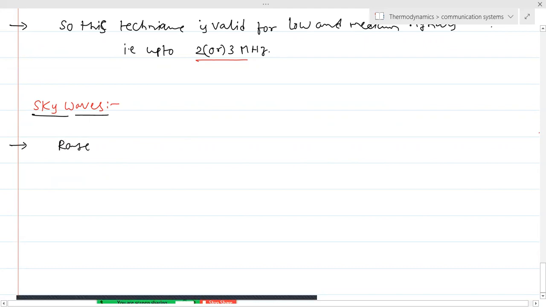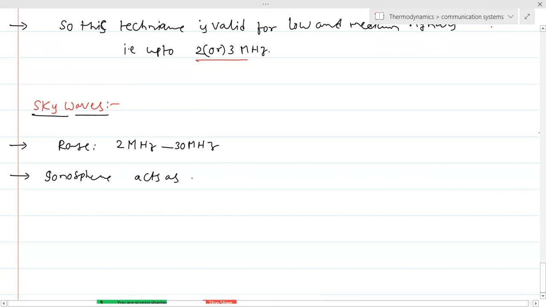Their allowable frequency range is 2 megahertz to 30 megahertz. And here the ionosphere, this is a very important point: the ionosphere acts as a reflector for these waves.